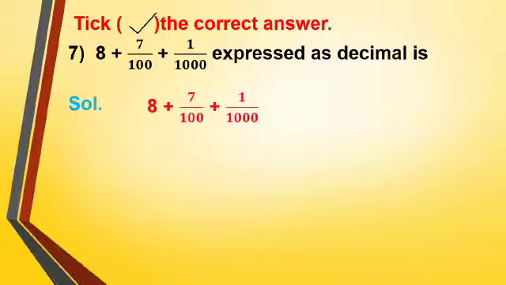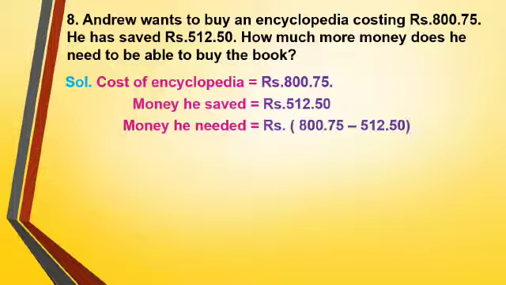The cost of encyclopedia is equal to rupees 800.75, and the money that he saved is equal to rupees 512.50. In order to find the more money that he needed to buy the book, we have to find the difference of these two numbers.